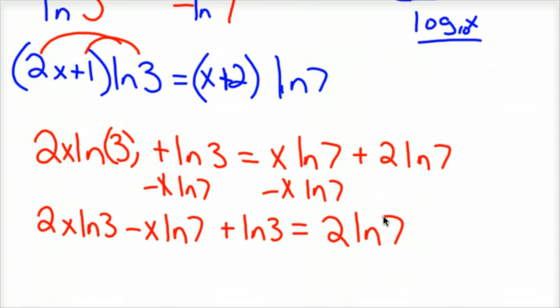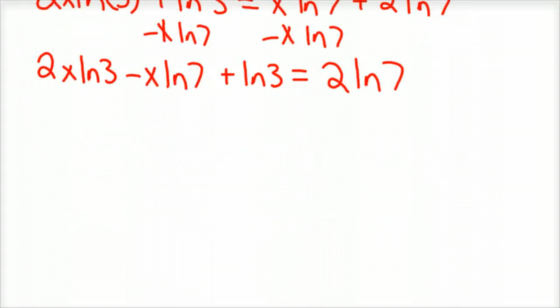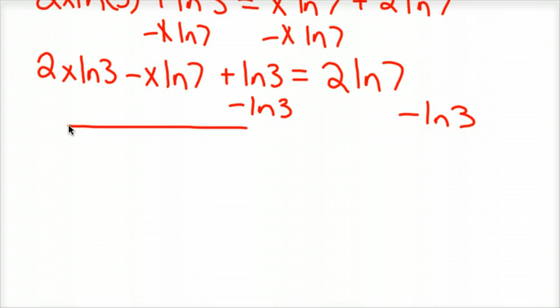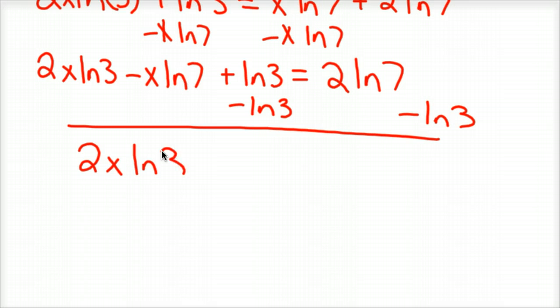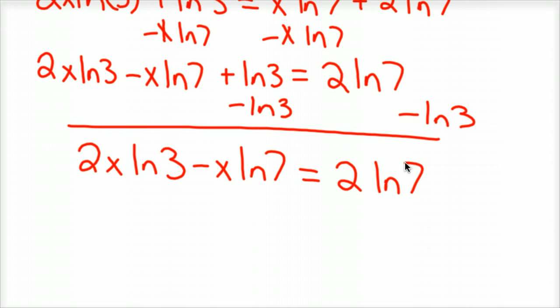Okay. Then we'll keep going. We want to move this natural log 3 to the right, so we'll subtract it over. Natural log 3 minus natural log 3 is 0. And so our equation then becomes 2x natural log 3 minus x natural log 7 equals 2 natural log 7 minus natural log 3.